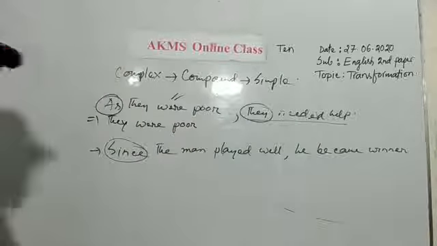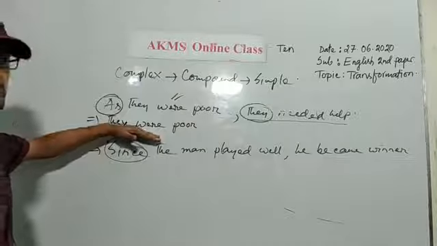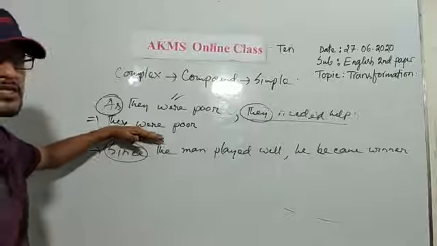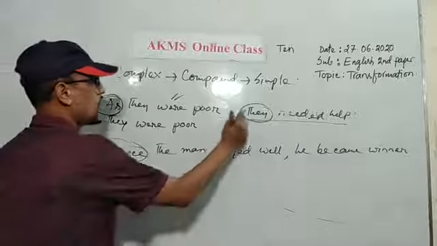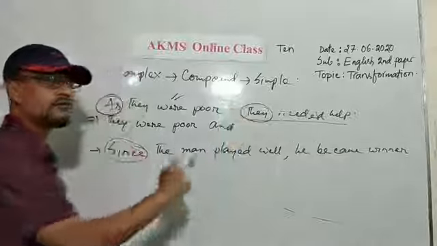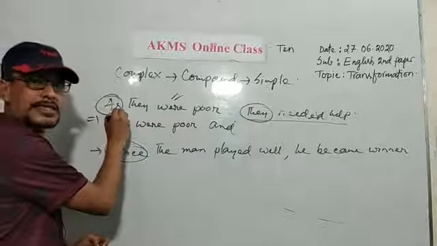They were poor. It is the cause, but it was the subordinate clause. Now I have used it at the first position, at the beginning of the sentence. Now it has got the strength of a principal clause. Then I will use and at the place of the comma in lieu of as.